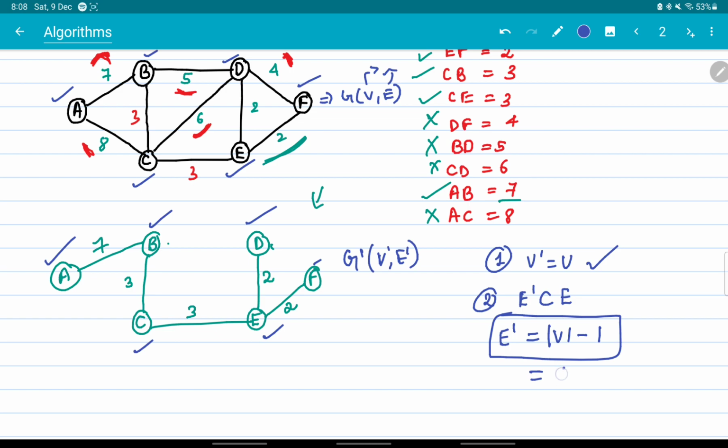We just now counted, there were 6 vertices. So 6 minus 1, 5. So if you count the number of edges in your minimum spanning tree, there will be a total of 5 edges. If you see here, this is the first edge, second, third, fourth and fifth. So you can see we have 5 edges in our minimum spanning tree. So you can check these two conditions and verify whether your minimum spanning tree is correct or not.